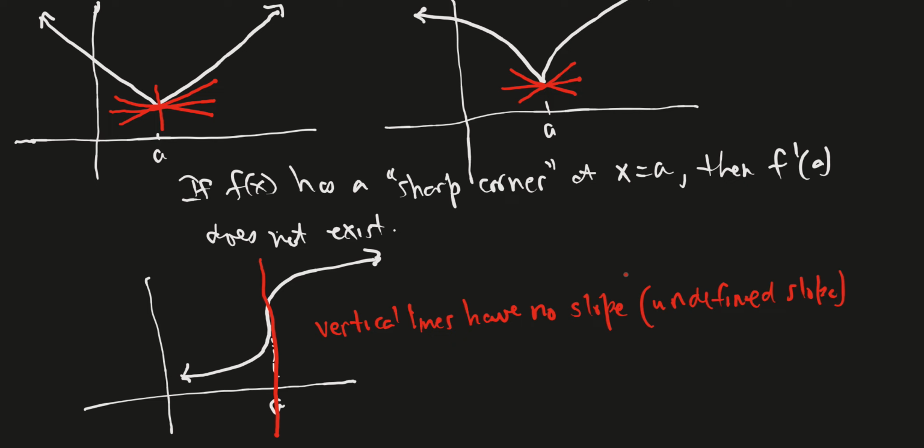Right? So these 3 properties that are best illustrated from a graphical standpoint, they all are indicators that your function is not continuous at a specific point. So if the function is not continuous, or if it has a sharp corner, or if it has a vertical tangent line, then the derivative will not exist, right?